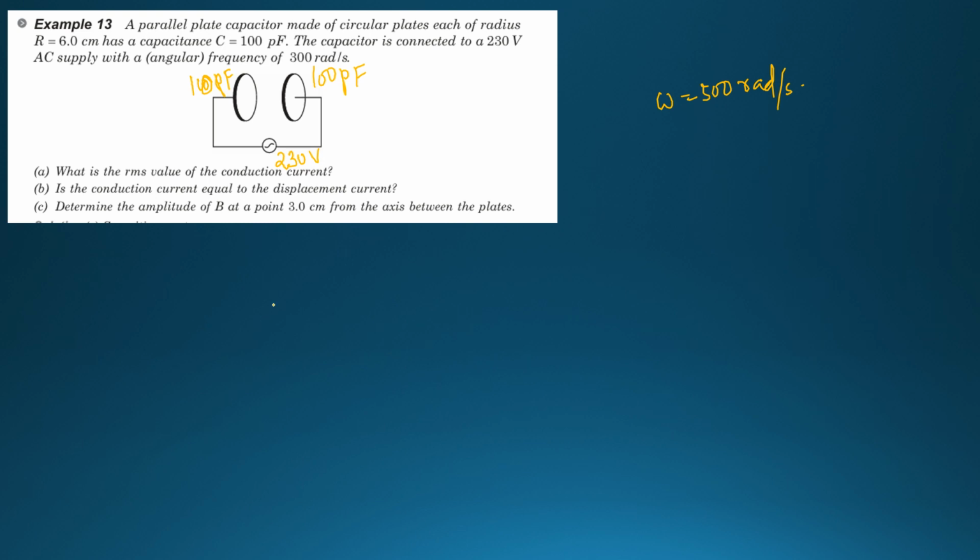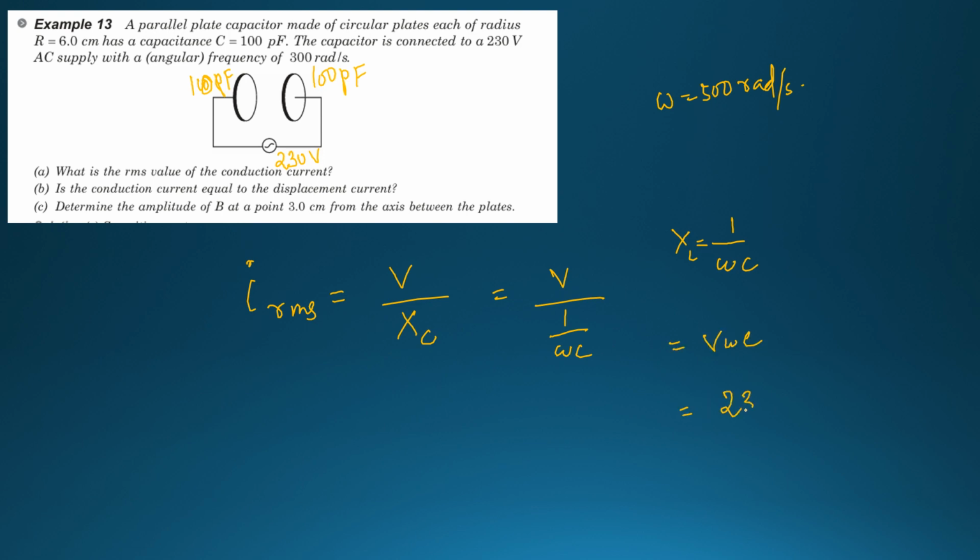How to get the conduction RMS value? I RMS is equal to V by resistance. What is the resistance here? The capacitive resistance, that is the capacitive reactance XC. XC is equal to 1 by omega C. Just put it: V by 1 by omega C, so that is V into omega C. V is your 230 volt, omega is 300, into C. C is 100 pico, and pico means 10 to the minus 12.